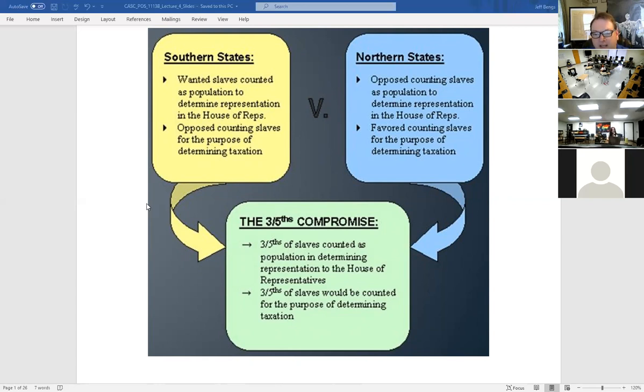You see, in the northern states, you had more factories and you had more industry. In the southern states, you had more agriculture. So the northern states had more industry, factories, textile mills, things like that.